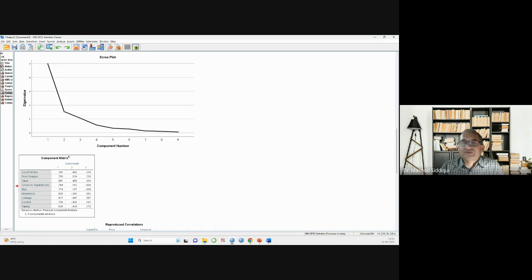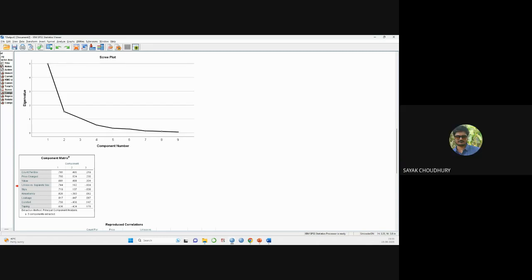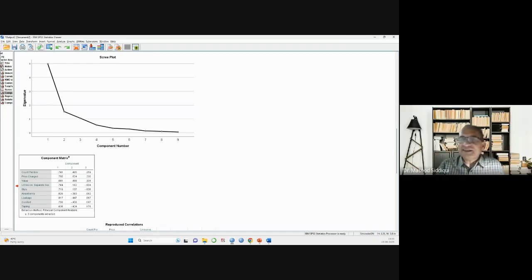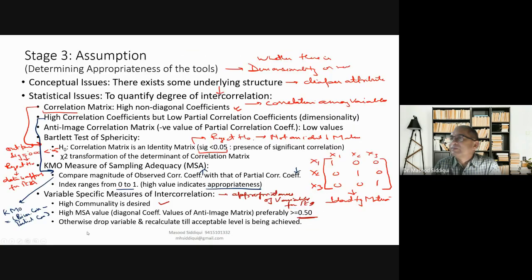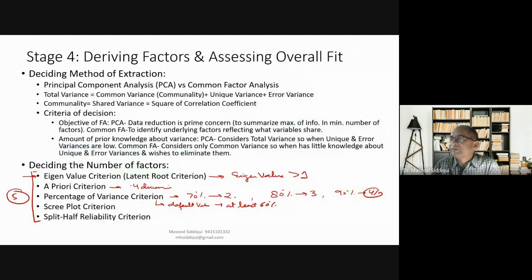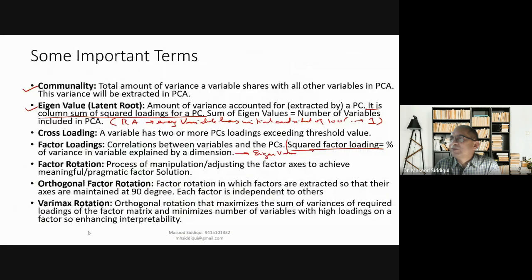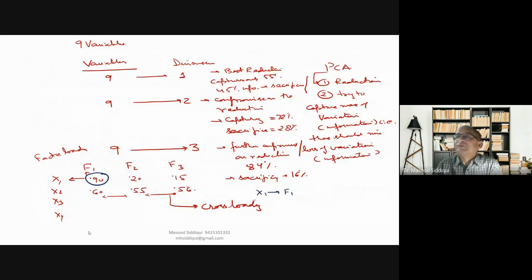Hello. Sir, what if the correlations are negative? In that case, the negative correlation simply tells us that it is in the opposite direction. Let me show you through the diagram. Just a moment. Okay.